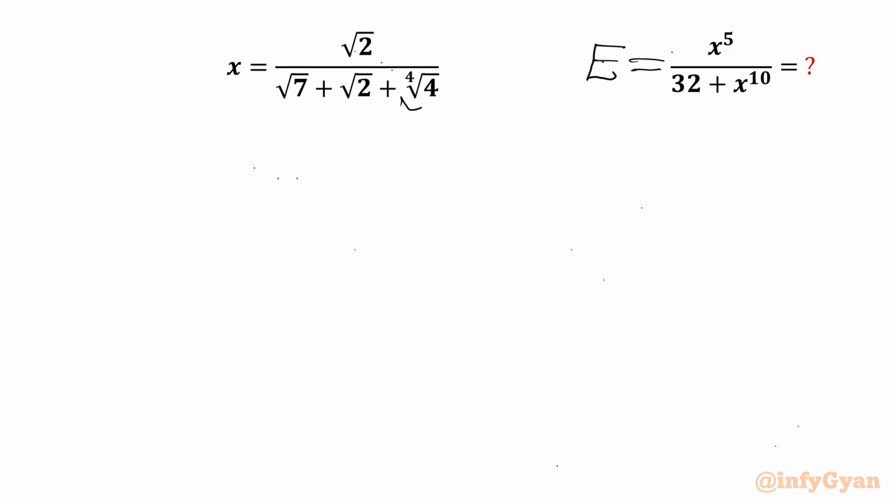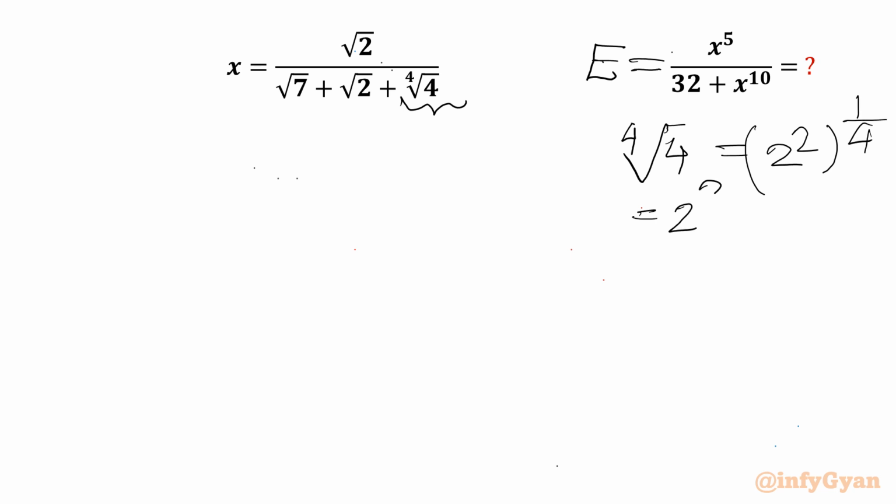Now I will consider fourth root of 4. So we can write it is equal to 2 square, this is 4, and then we have whole power 1 over 4. Using exponent properties, we can write 2 to the power 2 times 1 over 4, which will give us 2 power half, or I can write square root 2.